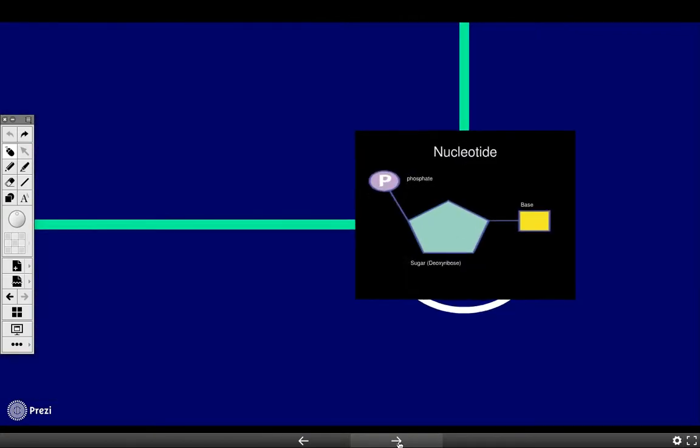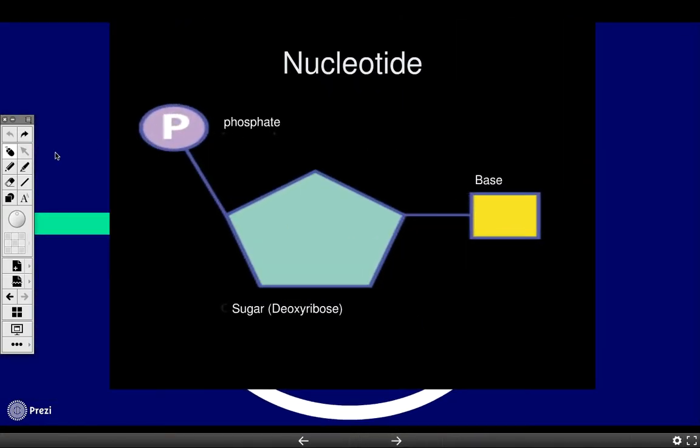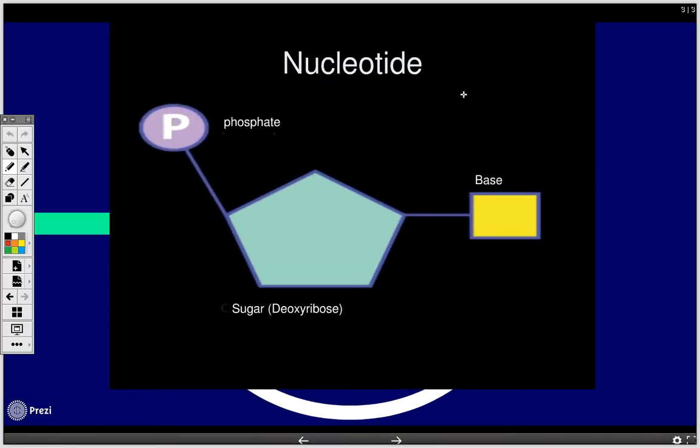As we look more into our DNA structure, we know that the monomer for a nucleic acid is a nucleotide. And that comes with three different parts. These three parts are a phosphate group, which is right here.